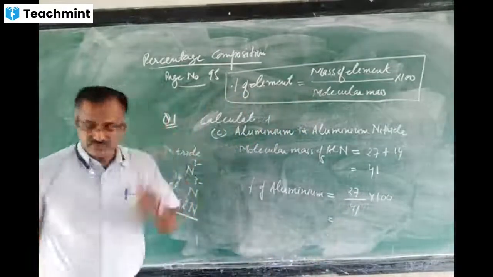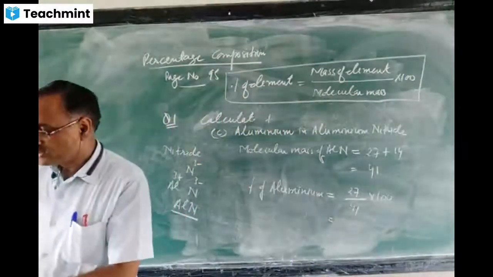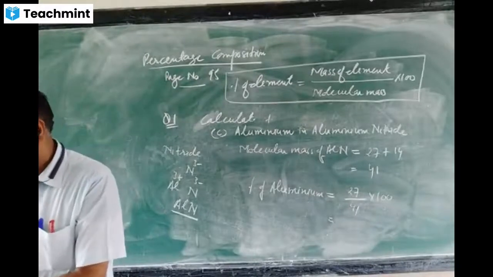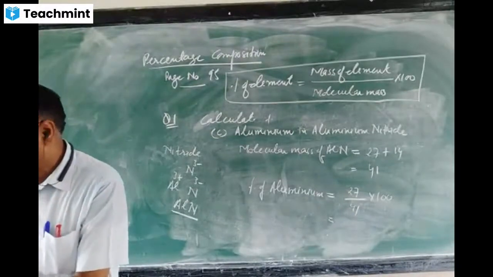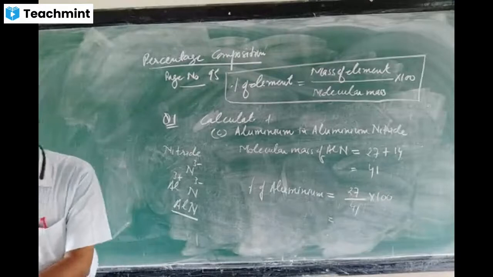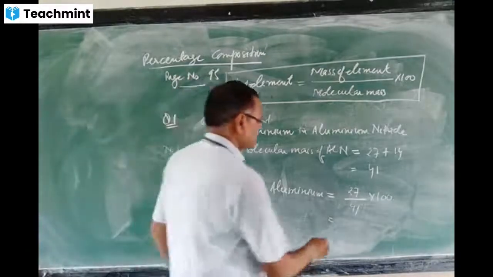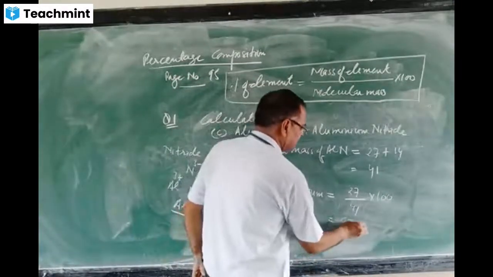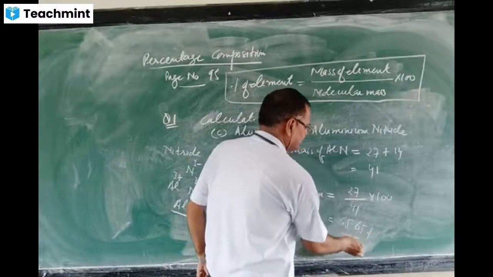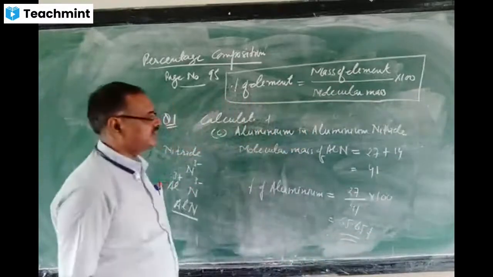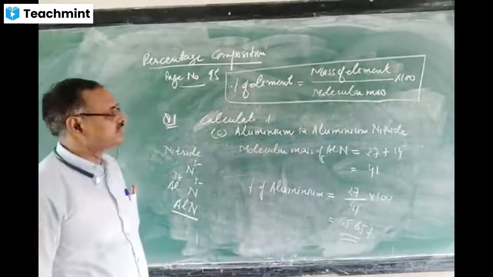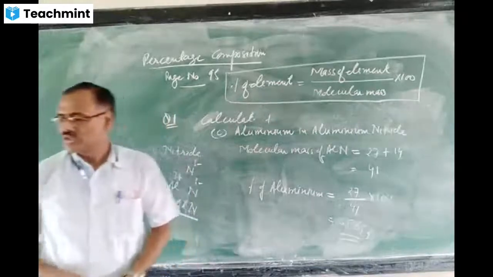If you calculate, you should get 65.85. This answer is given in the book. Just check it. If you are not getting, then something may be wrong.